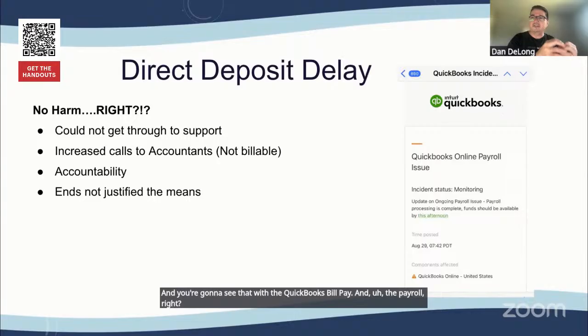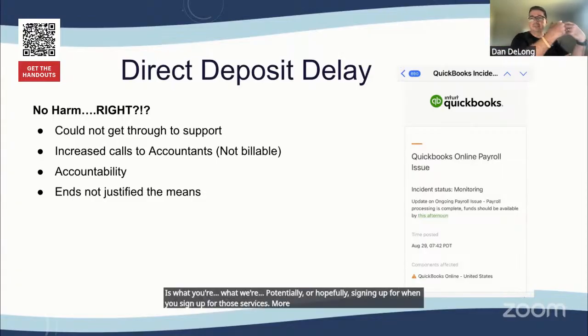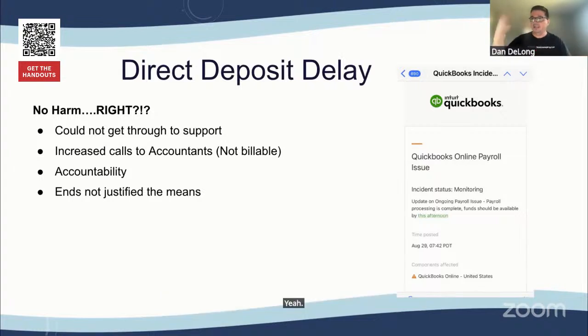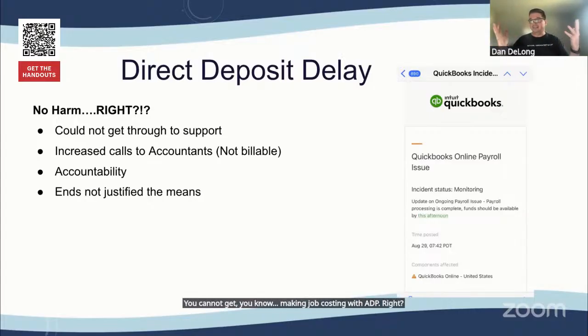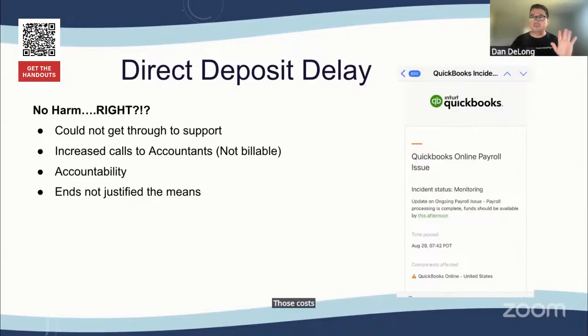Those things that are deeply integrated inside of the QuickBooks Online subscription are going to do things that no one else can, right? So the advantage of that is what we're potentially or hopefully signing up for when you sign up for those services. More integration, you're going to get more insights or whatever, right? Job costing with ADP is a bit of a challenge to set up, right? But if you're using QuickBooks Online with the payroll, those costs and allocations can be done within the program, right?